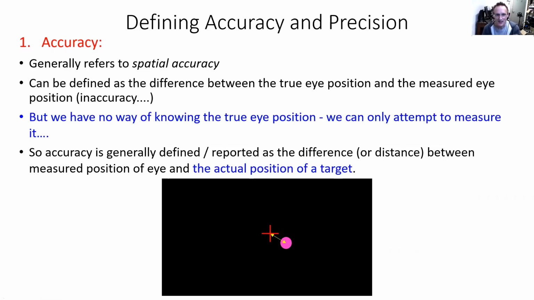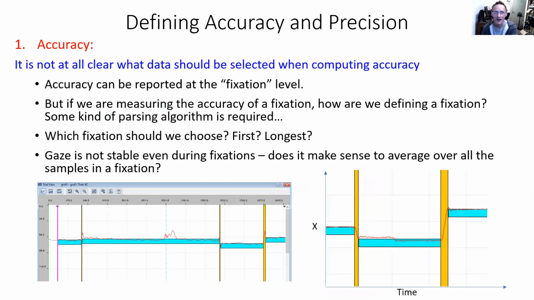Now, as I say, this definition involves assumptions. It's assuming a number of things. One of the assumptions is that the person is actually looking at the target, which we'll come back to. If you're going to measure accuracy, one of the least easy questions to answer, and I can't really give guidelines on this because there are no real guidelines, you can use common sense, is which bit of your data should you measure accuracy over?